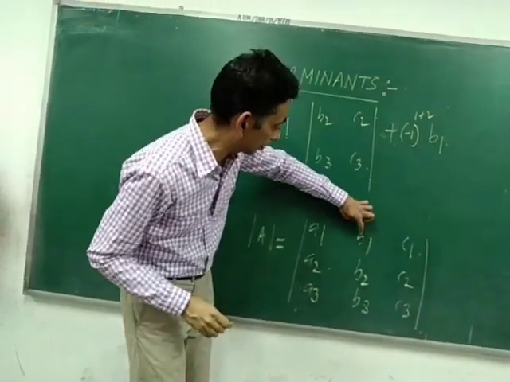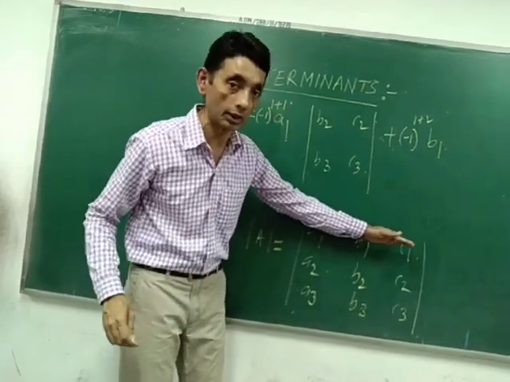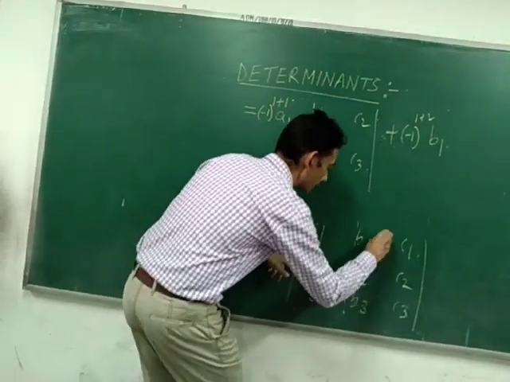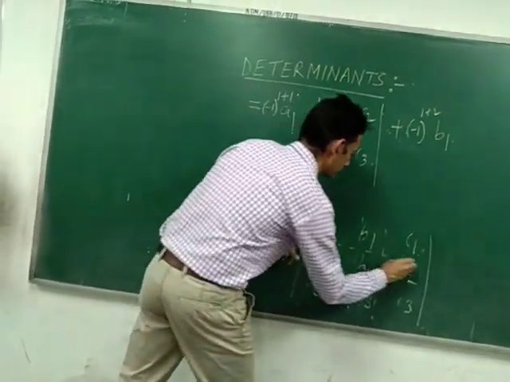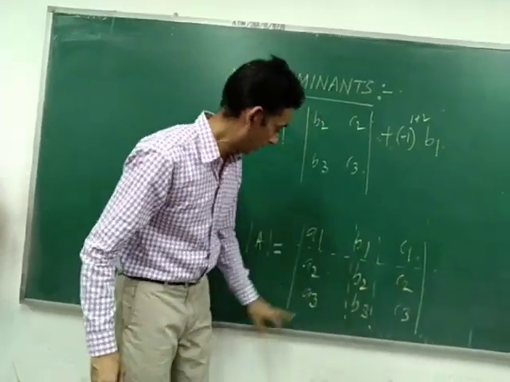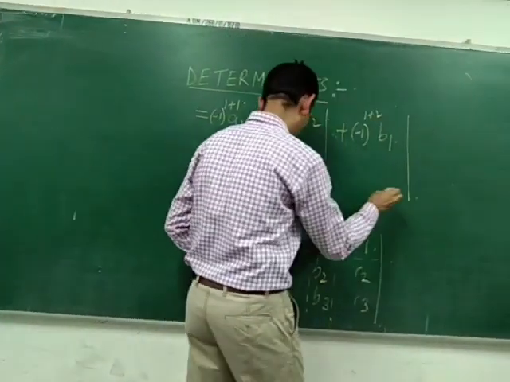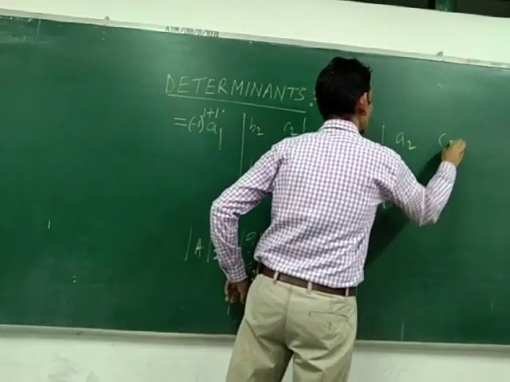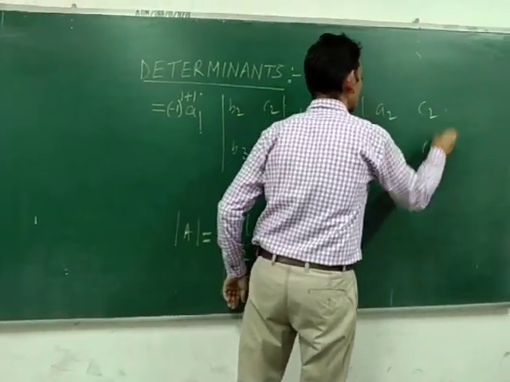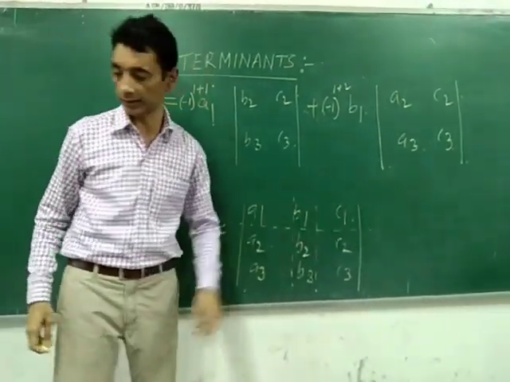If you take b1, you need to ignore the second column and the first row. What will be left out? We are left with a2, c2 and a3, c3. Okay, now one element is left out, that is c1.